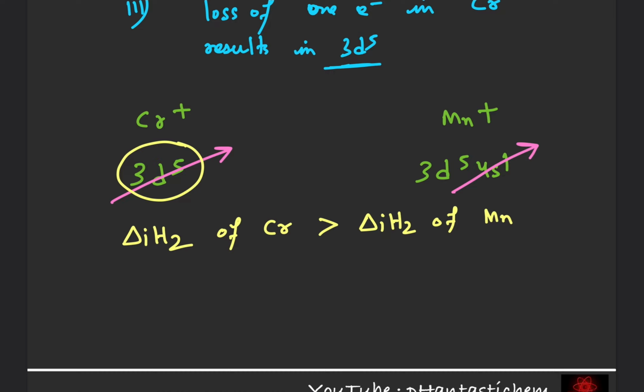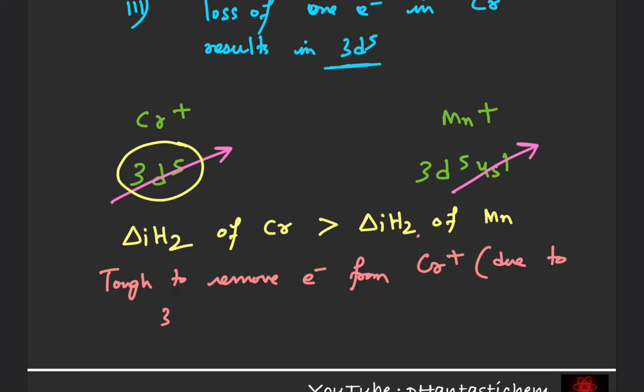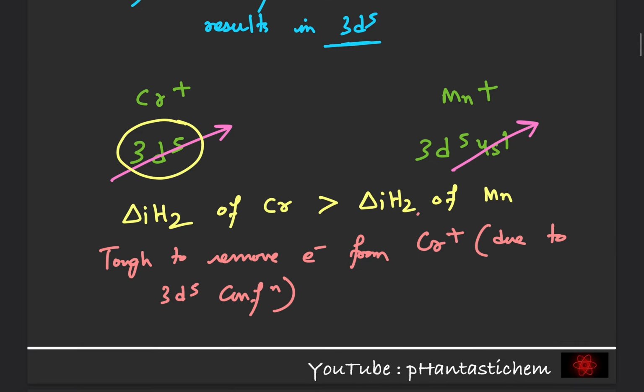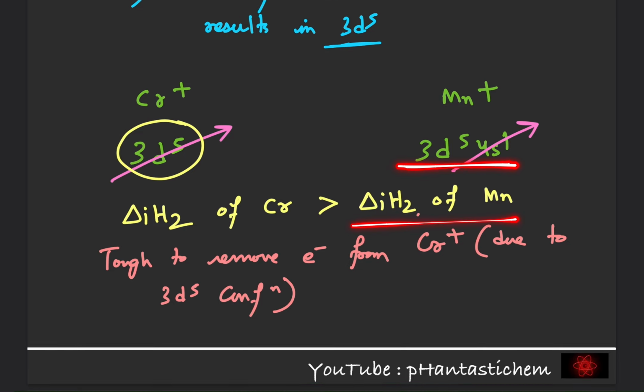Okay, so tough to remove electron from Cr+ due to 3d5 configuration. And Mn has low second ionization energy. It has low value because loss of one more electron in the case of Mn+ gives a very stable configuration of 3d5.